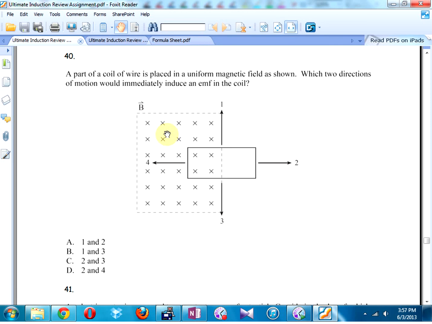Well, this is a changing flux question. What two directions would change the flux? Can you see if you move it up and down, you're not going to change the flux. You have to move it left or right. But I can also answer it in terms of your question as well, because if I move this bar here up the page, magnetic field into the page, this is perpendicular.